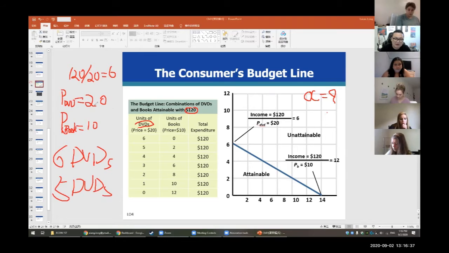Using that $20, you can buy 2 books. So can we say that 1 DVD is equal to 2 books?